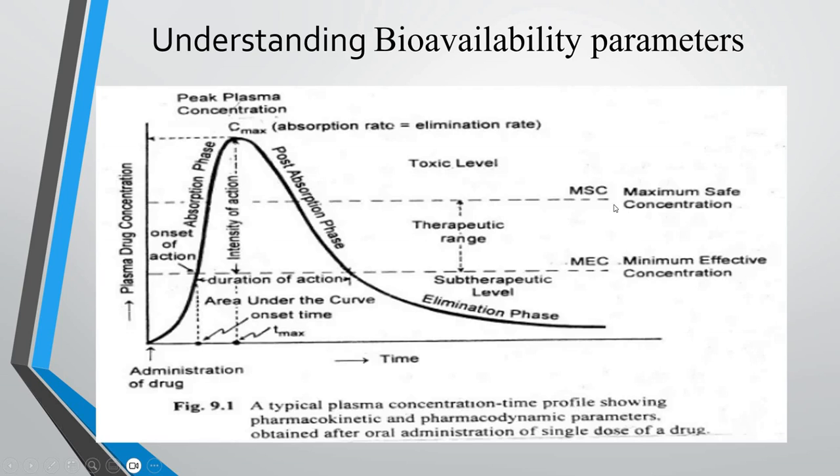And then this is the maximum safe concentration, meaning up to that the drug is safe, but if the concentration goes beyond that, it becomes toxic. These are called MEC and MSC in abbreviated form, but you should understand the concept here. And there are many other PD parameters based on our disease of interest. But in PK, we use these three parameters to prove equivalence.